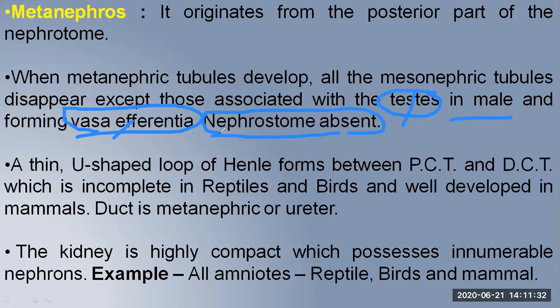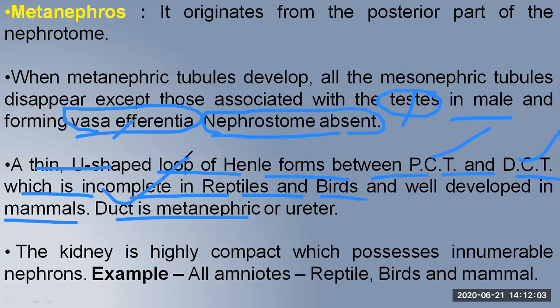Everyone has the metanephric kidney. A thin U-shaped loop of Henle forms between the proximal convoluted and distal convoluted tubules, which is incomplete in reptiles and birds, and well developed in mammals. The duct is the metanephric duct or ureter. So simply, the U-shaped loop of Henle I had already discussed forms between the proximal convoluted tubules and distal convoluted tubules, which is incomplete, meaning short, in the reptiles and birds.